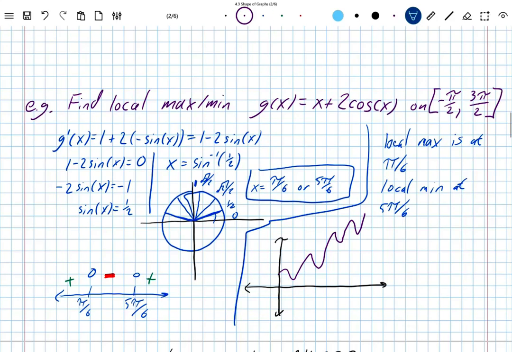Okay, so what we're picking out here is these little hills along the way that happen to be in my domain. The domain is going to cut this off. But also take a second and graph 1 minus 2 sine of x and make sure that it is agreeing with what you're getting as well. Graphing calculators can really help you check your work and gain some intuition here, or use a computer to graph it.